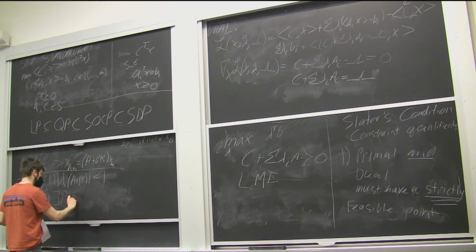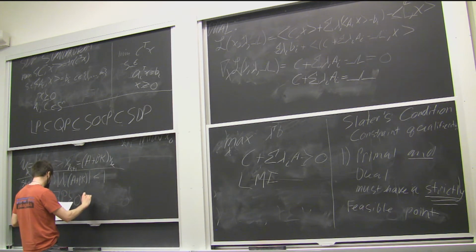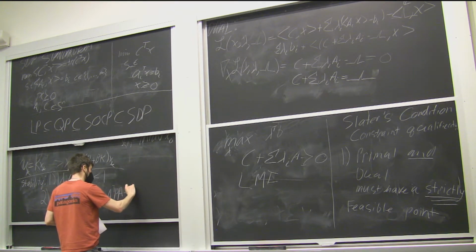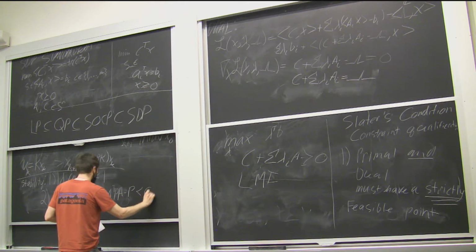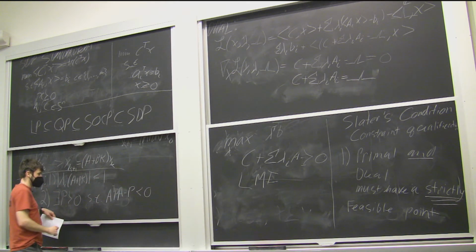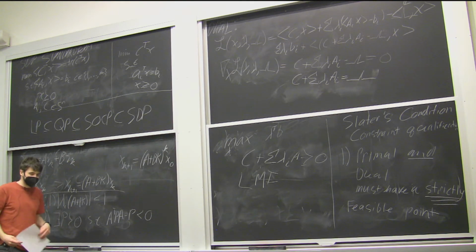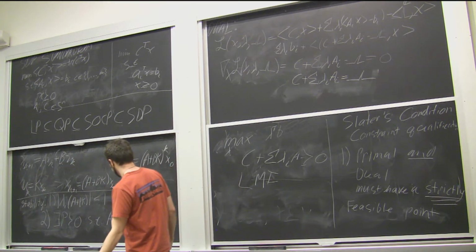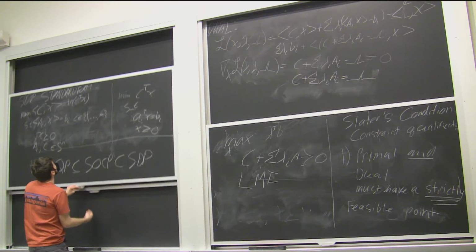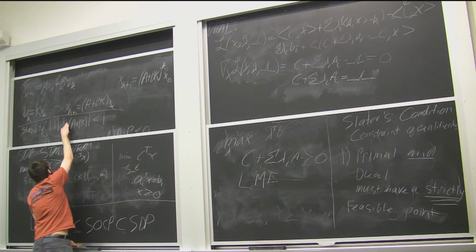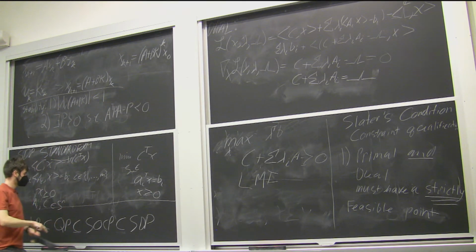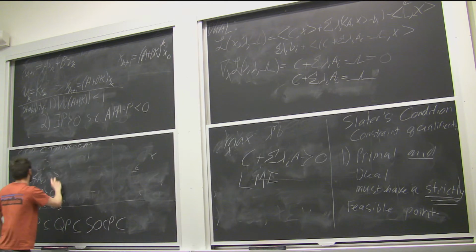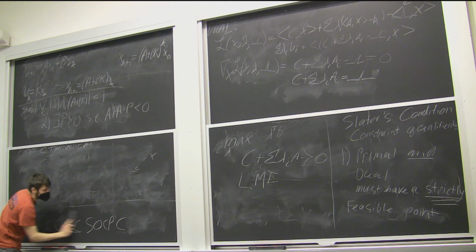There has to exist a P, positive semi-definite, such that A transpose PA minus P is negative definite. Sorry, this is strict.